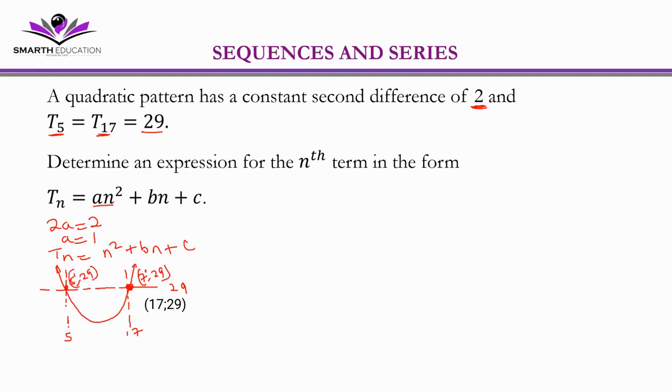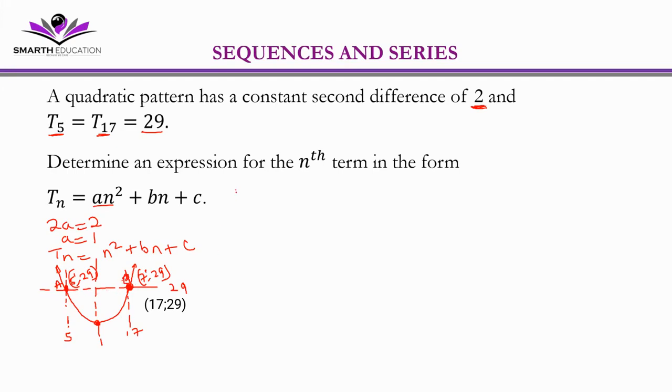So we want the equation of this parabola. We can find the axis of symmetry, which is the midpoint of these 2 points, 5, 29 and 17, 29. Let me say this point is A, and this point is B. So it's the midpoint of AB.